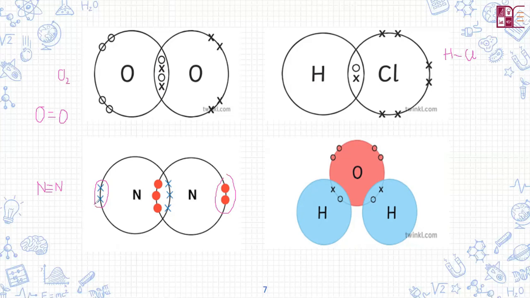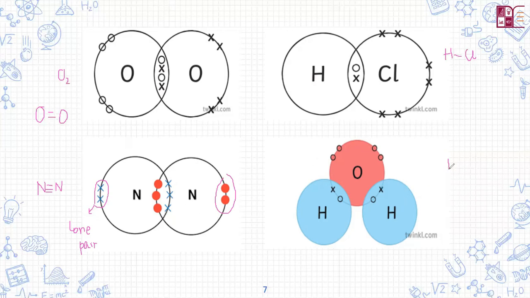Because it is not sharing its electrons with the next nitrogen atom, right? So it's known as a lone pair. And it's going to form 3 covalent bonds in between by sharing 3 electrons with the next nitrogen atom.